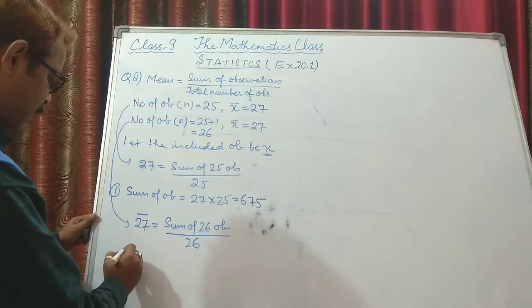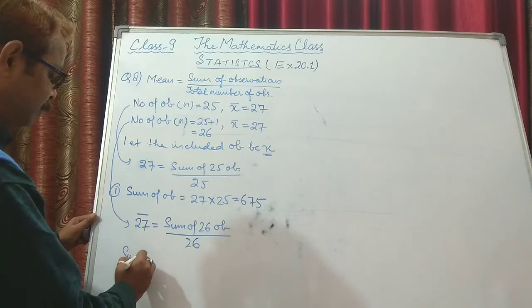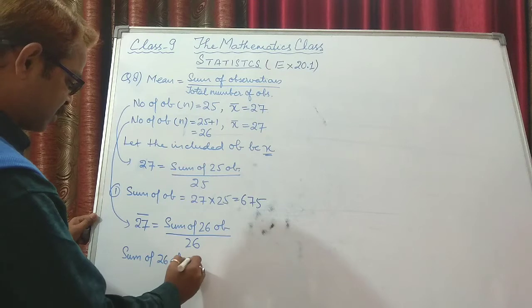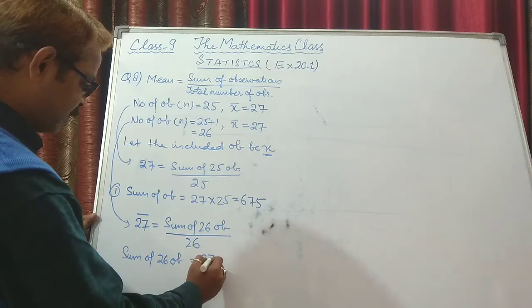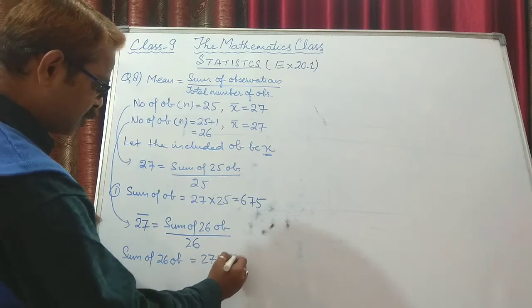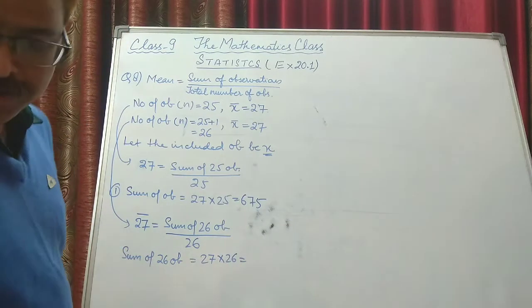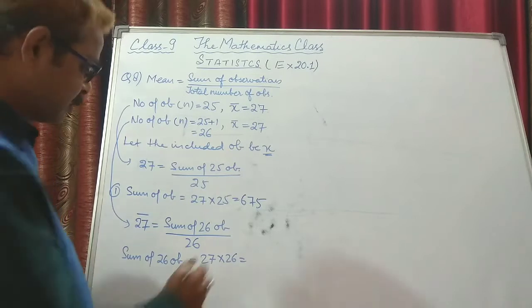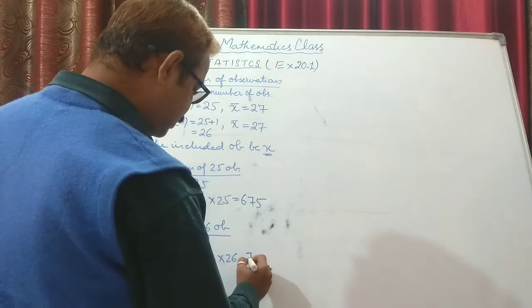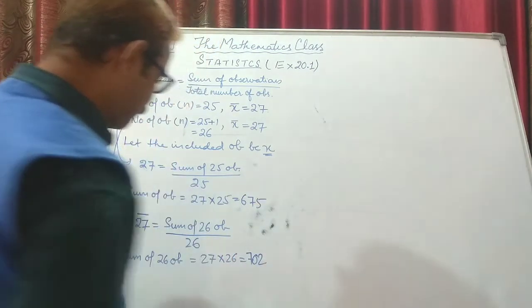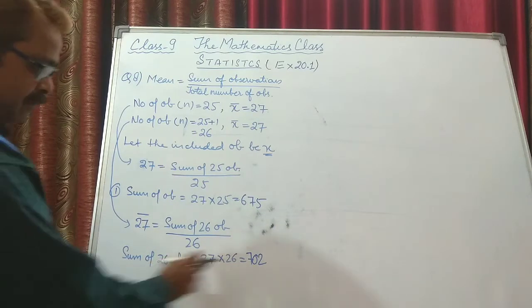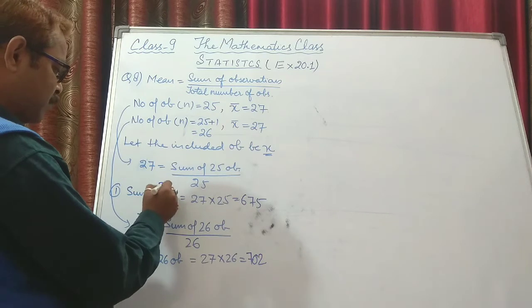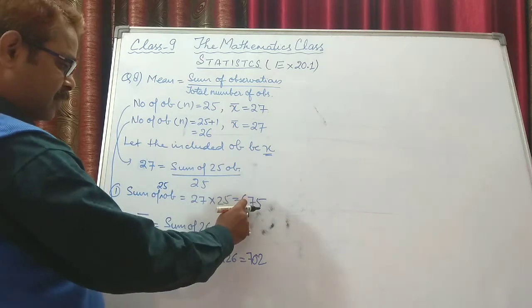So from this, by cross multiplication, we can get the sum of 26 observations as 27 into 26. That will come as 702.